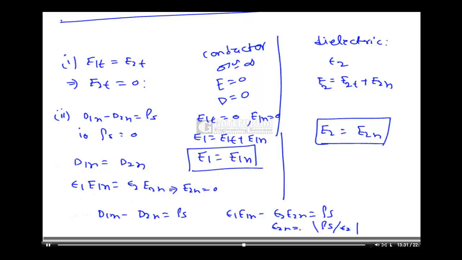So if rho s is not equal to 0, E2 is equal to rho s by epsilon 2. So only the normal component of the electric field exists in the dielectric. Suppose if rho s is equal to 0, then both fields are zero, that is E1 is equal to 0, E2 is equal to 0. So like this, we can analyze the boundary condition.